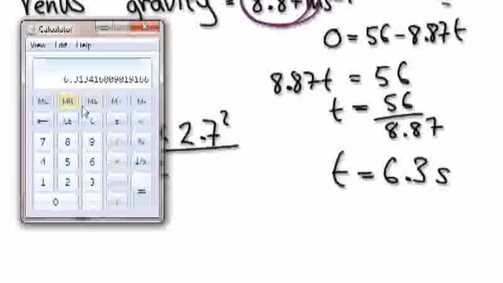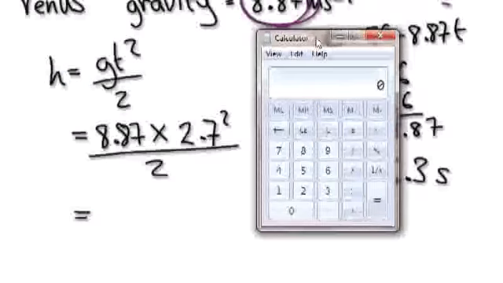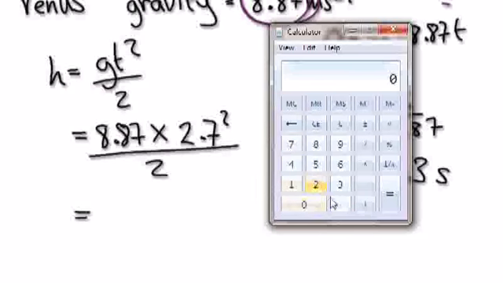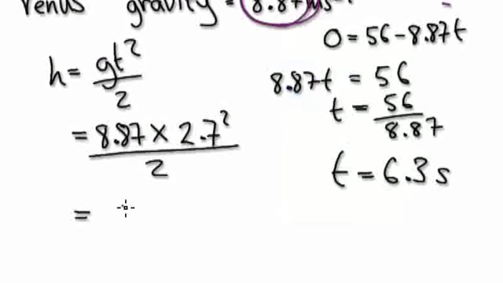So now calculator, clear this. 2.7 squared, I'm just going to times it by 2.7 again. Equals this, and then times 8.87 equals this, and then divided by 2 equals this: 32.3.